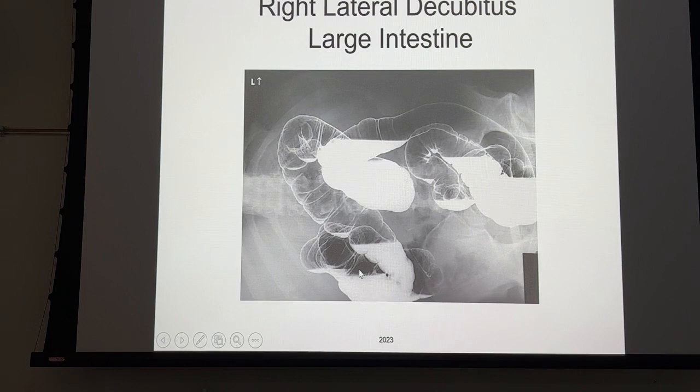So what we're looking for here on this decubitus is the lateral side of the descending colon. We can tell that's descending colon because that's splenic flexure. We can tell that's splenic flexure because it's higher than the hepatic flexure. So we're looking for the air contrast on the medial side of the ascending colon and the lateral side of the descending colon.